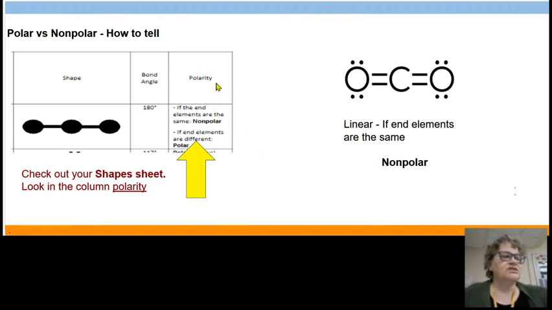So if you read what's in the polarity column, it will tell you whether something's polar or non-polar. Most of them are polar, and then there's a couple that can be one or the other. So you just have to read it.